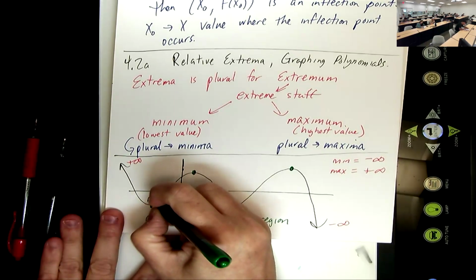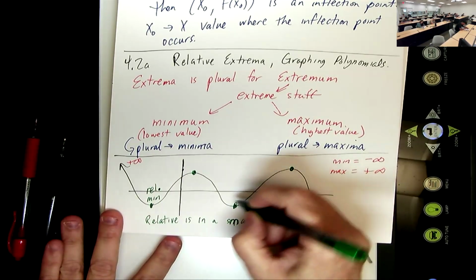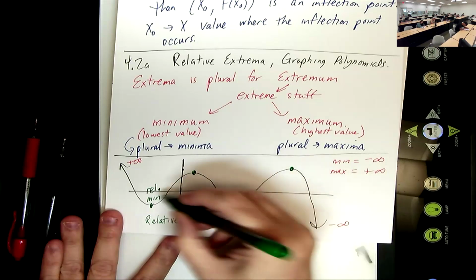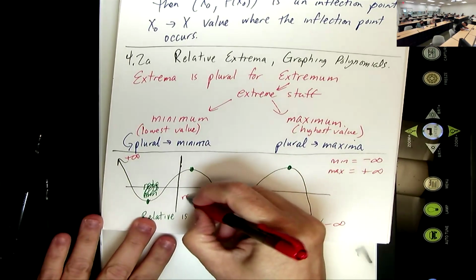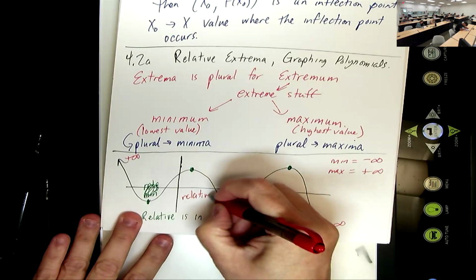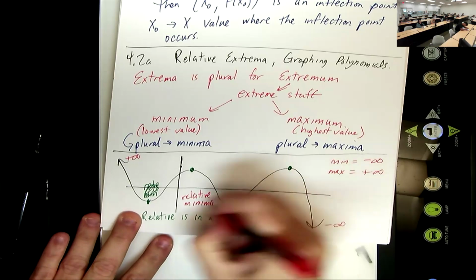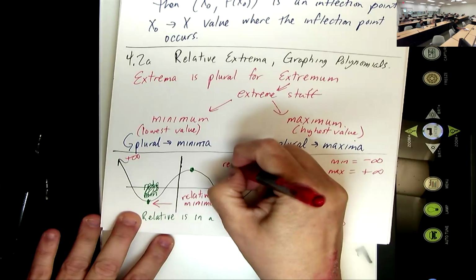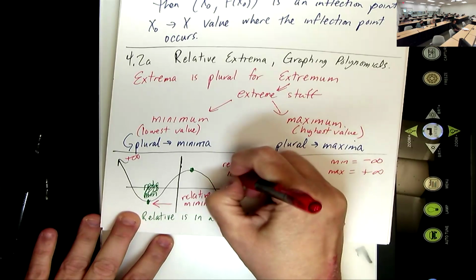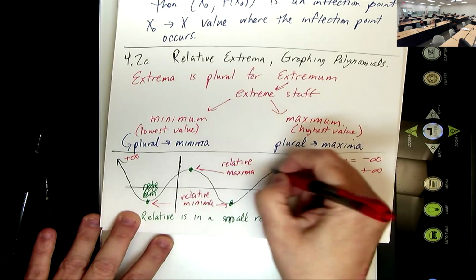This is a relative minimum. Maybe I'll write it down below. Relative minimum, or minima, is right there and right there. Relative maxima is right there and right there.